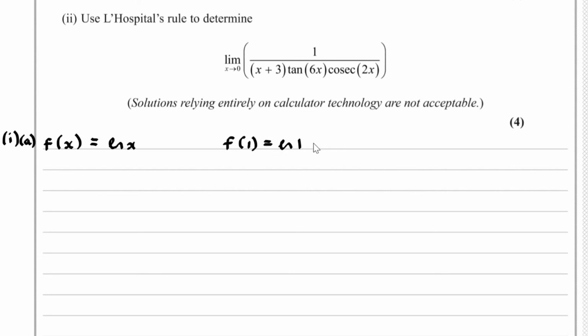That's equal to the natural log of 1, which is 0. What we can now do is find out what f dash of x is. That's equal to 1 over x. So f dash of 1 is equal to 1 over 1, which is 1.